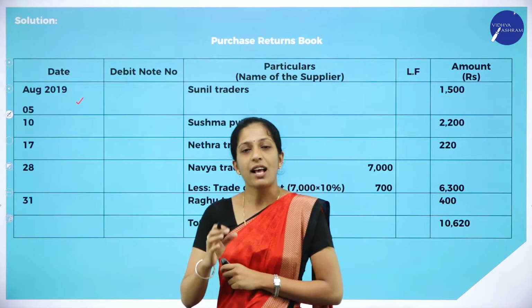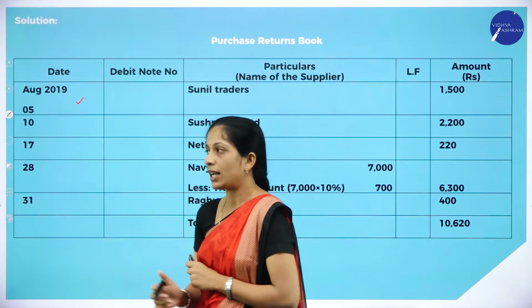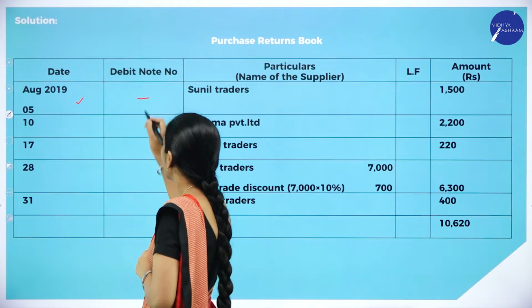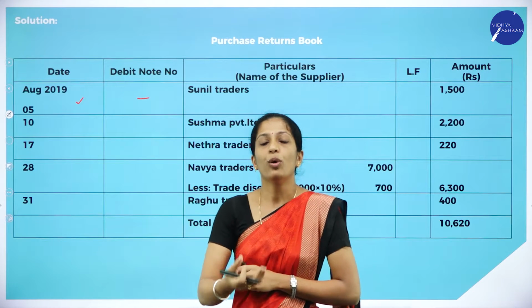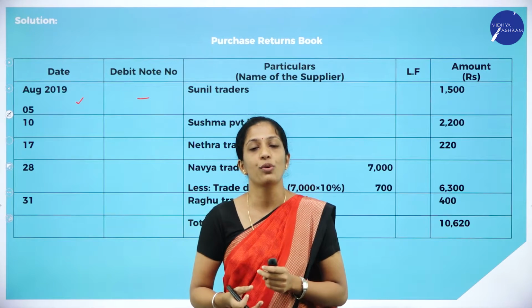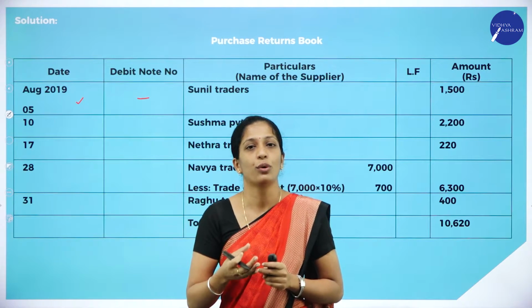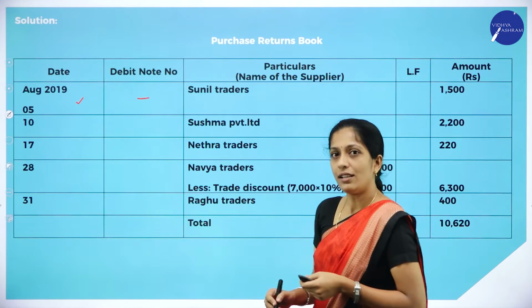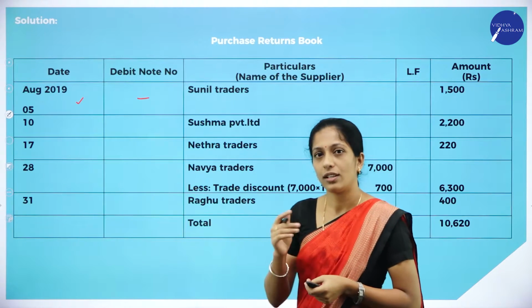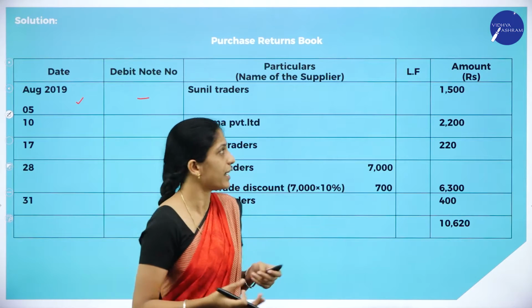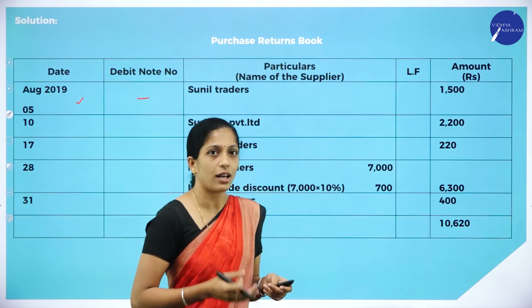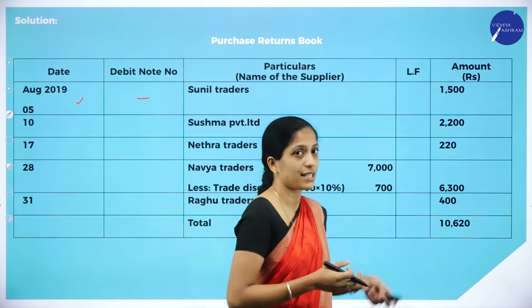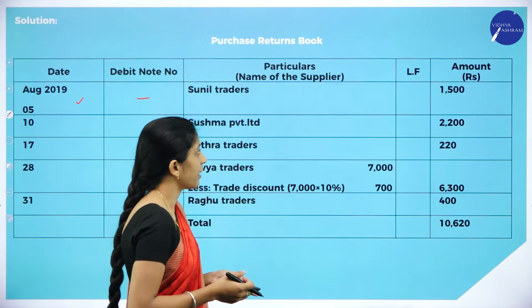In the transaction they have not given debit note number, so leave it blank. Next, for whom we have returned goods, that is name of the supplier, who? That is Sunil Traders. So we will write the name of the supplier, and your ledger folio column is empty. What is the amount? 1,500.